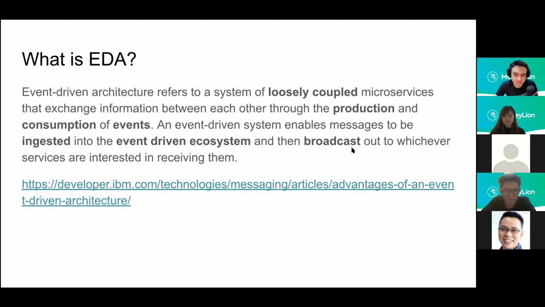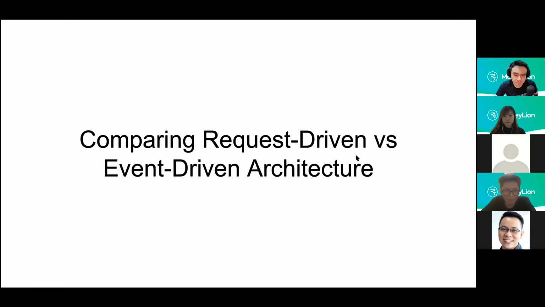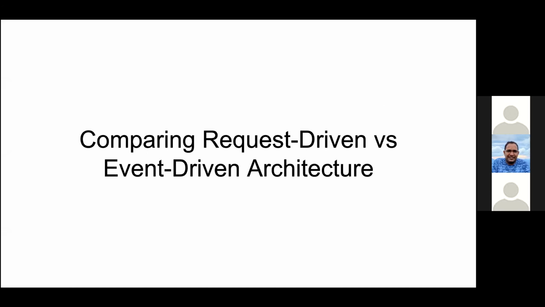So without further ado, let's deep dive into the examples of event-driven architecture to understand more about it. To make the discussion more understandable, I will compare the traditional request-driven approach with the event-driven approach. I believe most of the systems nowadays are built with the request-driven architecture, at least the ones I have experienced working with.